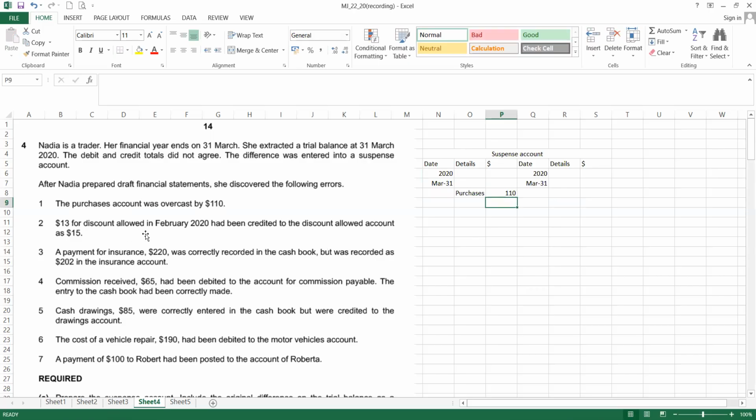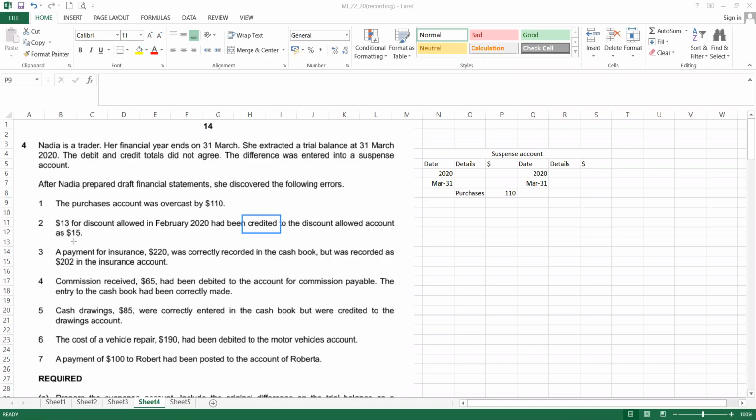Error 2: 13 for discount allowed in February 2020 has been credited to the discount allowed account as 15. Discount allowed should be debited, but we credited it. So the amount that we got wrong, we have to put it back. We debit the correct amount, 13, and then reverse the wrong entry, debit 15.